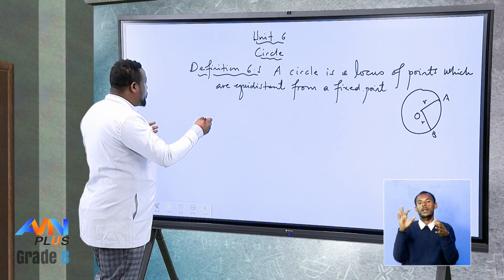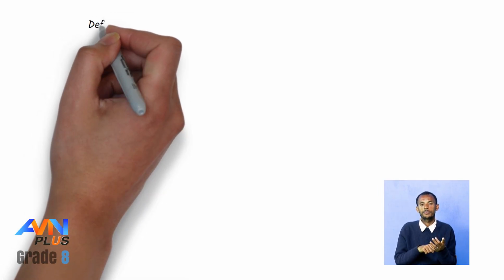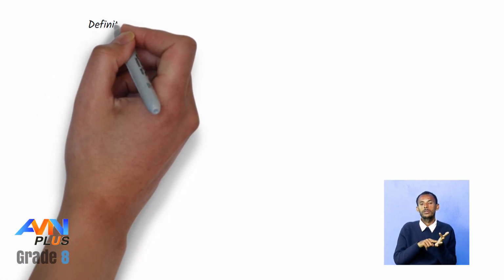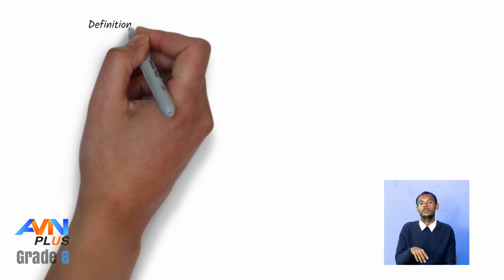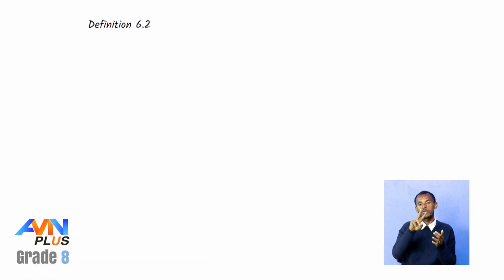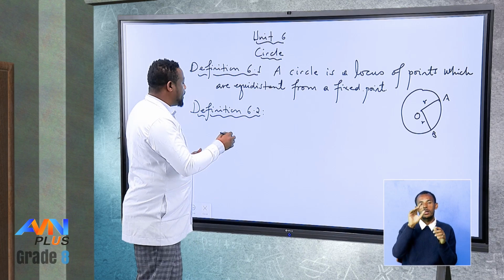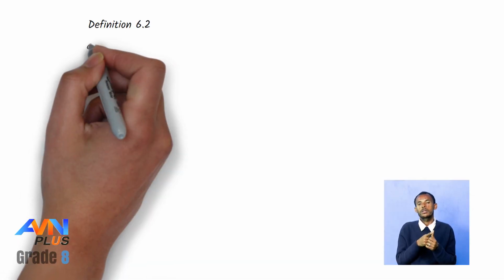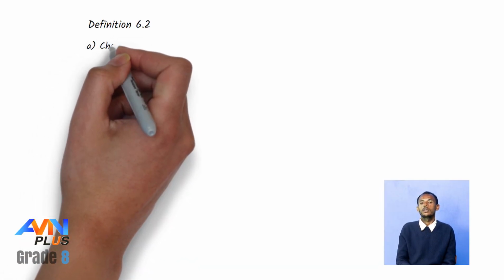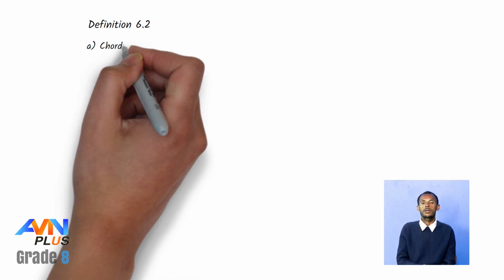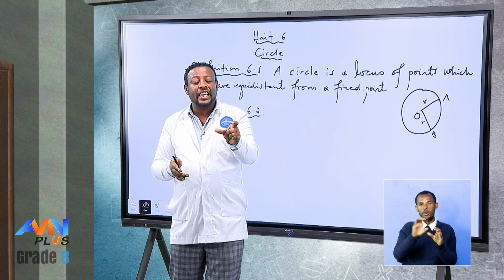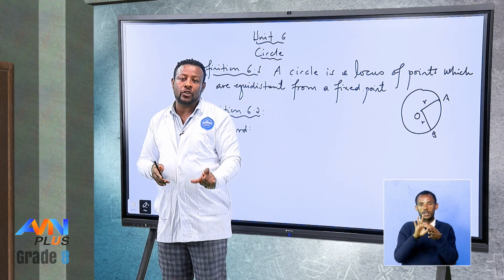Definition 6.2. In definition 6.2, we will see 4 terminologies. The first one is a chord. A chord of a circle is a line segment joining 2 points on the circle.